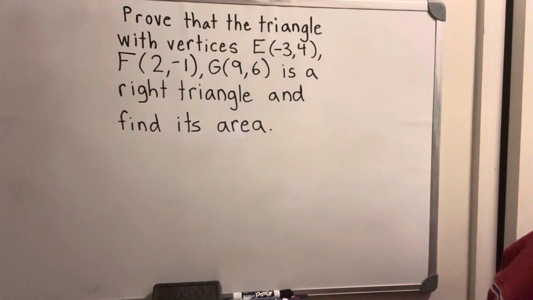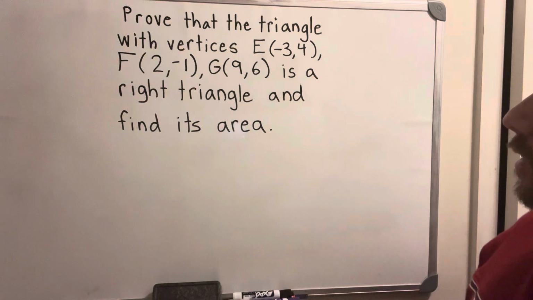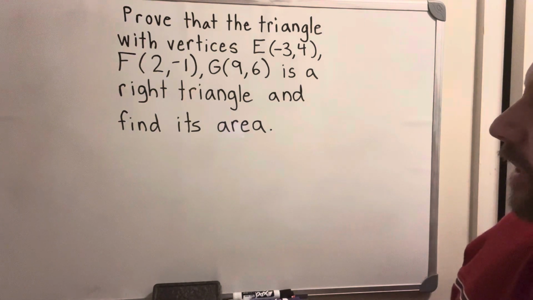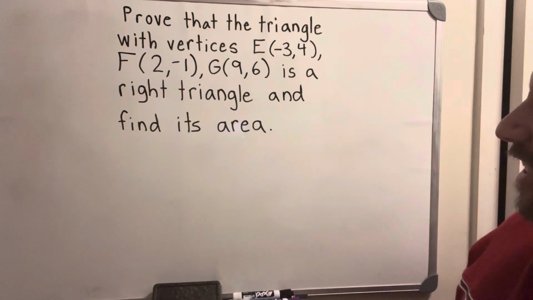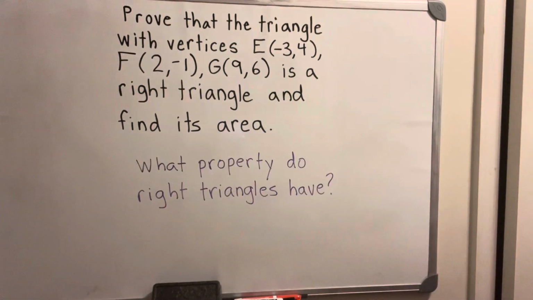This problem says, prove that the triangle with vertices E (-3, 4), F (2, -1), G (9, 6) is a right triangle, and find its area. Obviously, to answer this question, we need to know what property right triangles have.